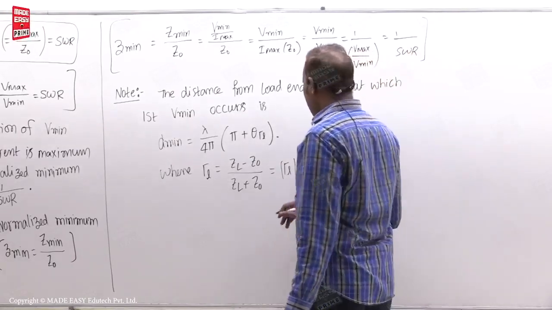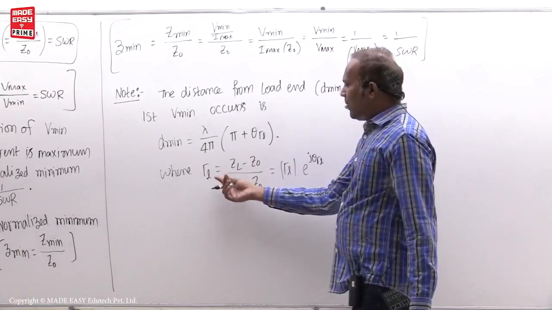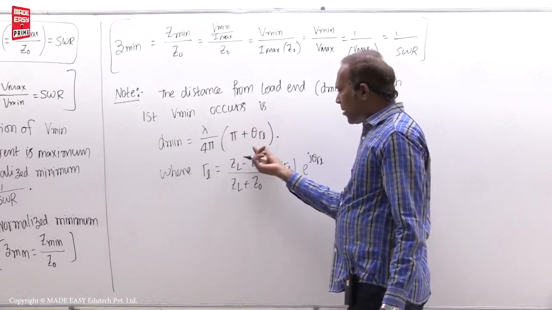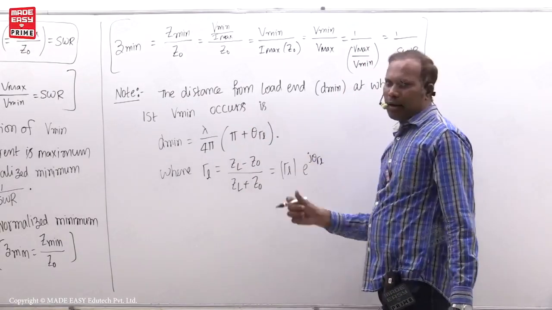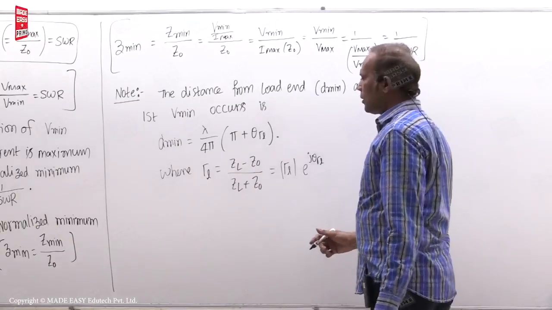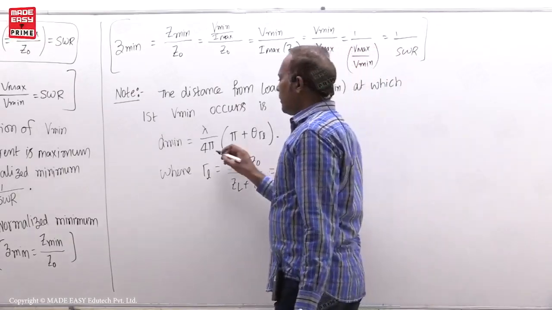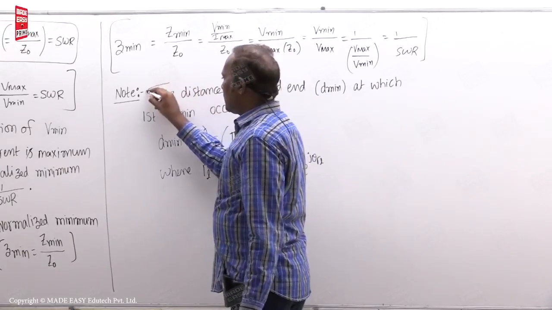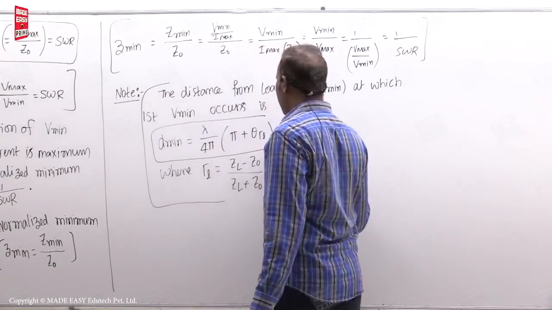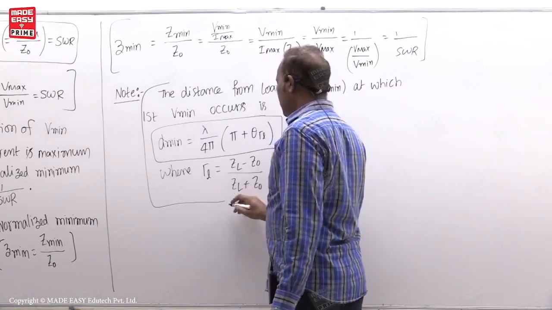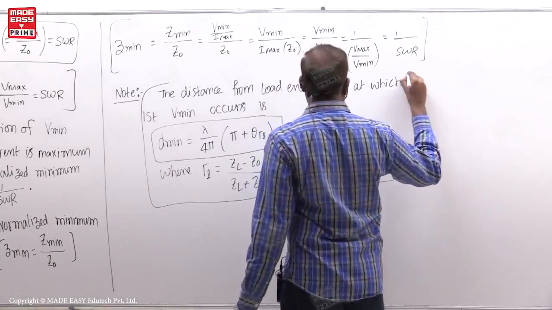Theta gamma L is the angle of reflection coefficient at load. So you remember this one, dear students. This is the D minimum formula actually.